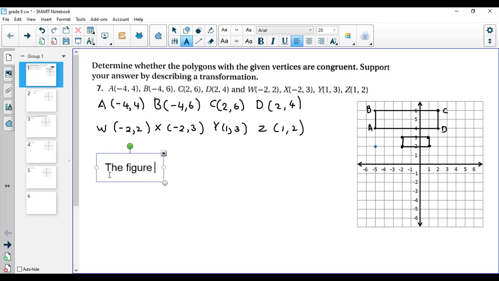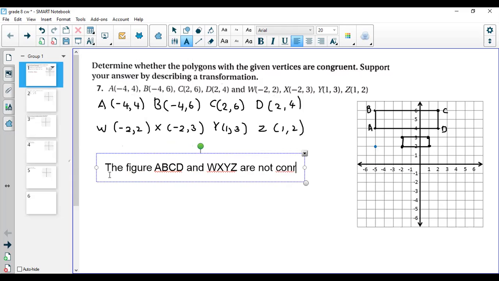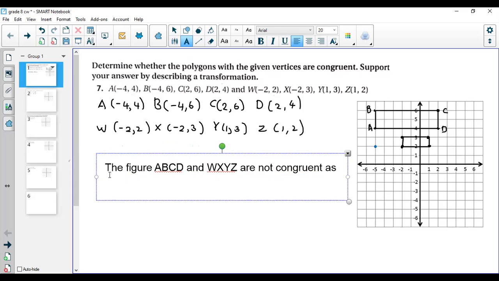The figure ABCD and WXYZ are not congruent as they cannot be mapped. Okay. But you need to describe the transformation which has taken place.